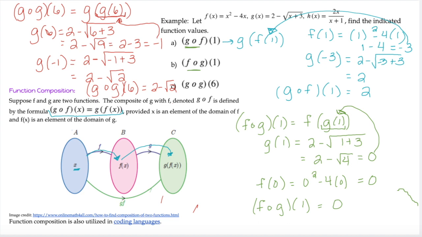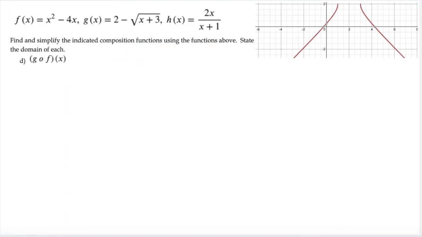All right, let's head over to slide 3. When we're not actually evaluating, I still have the same f, g, and h functions, but I'm going to indicate the composition function using the functions above, and then state the domain of each.